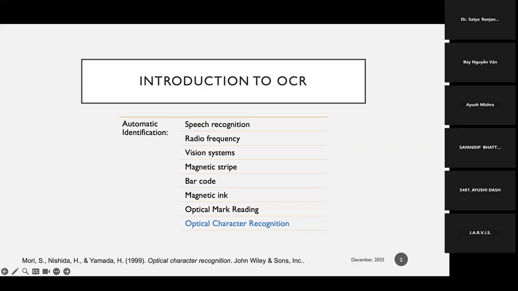Next is the magnetic stripe. Magnetic stripes are widely used on credit cards. A large amount of information can be stored on the magnetic stripe, like on the cards we use in car parking or to access some buildings.